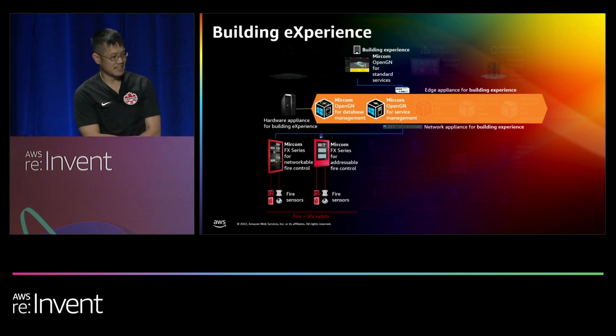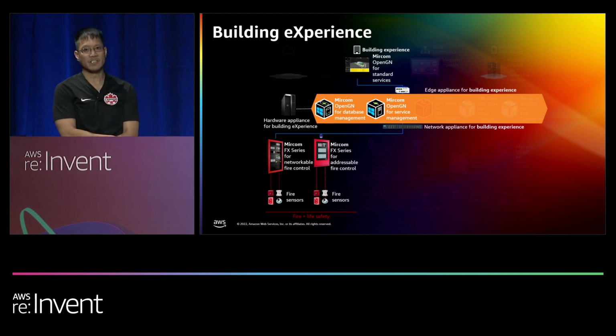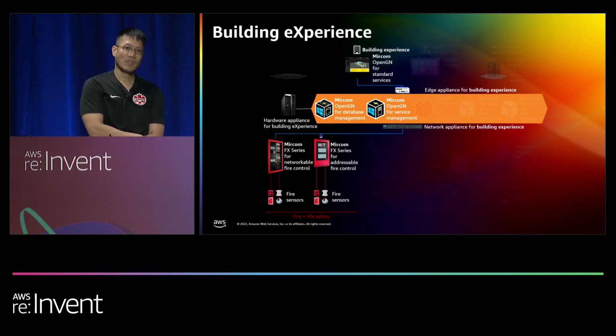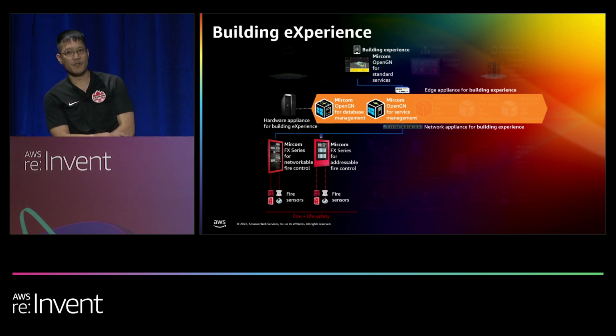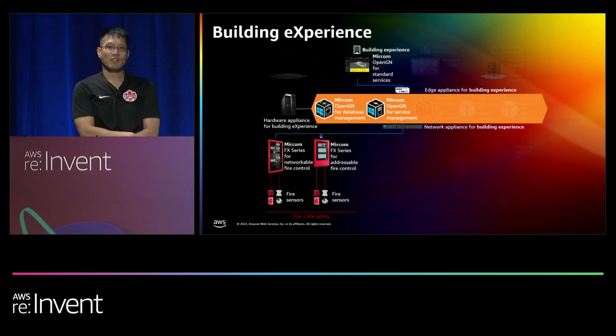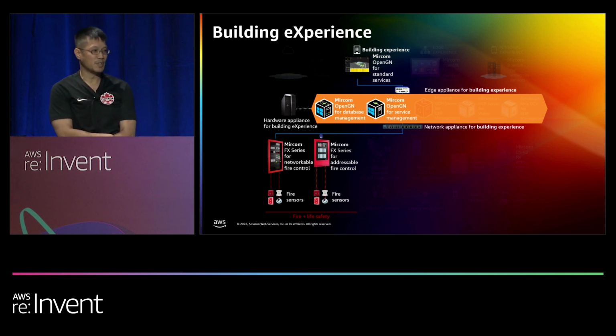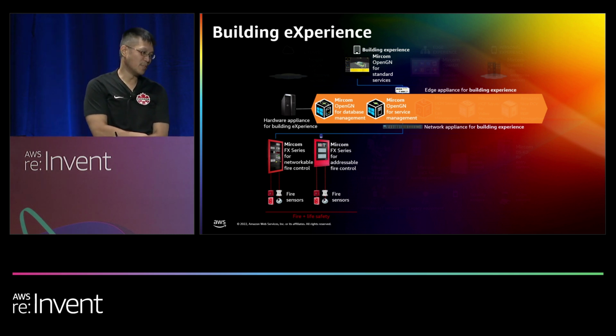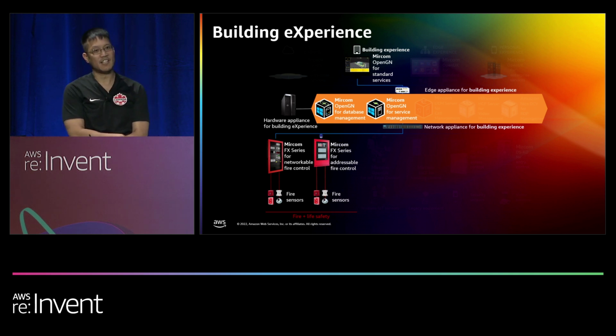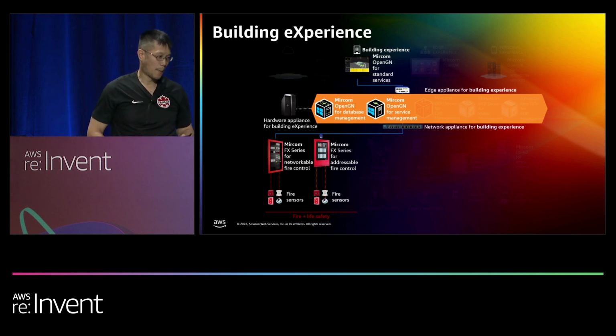OpenGN's graphically intensive workloads require and mandate a dedicated graphics card. As a result, we have sourced a number of third-party on-premise hardware appliances in order to support our customers and accommodate our customers' various building experiences.